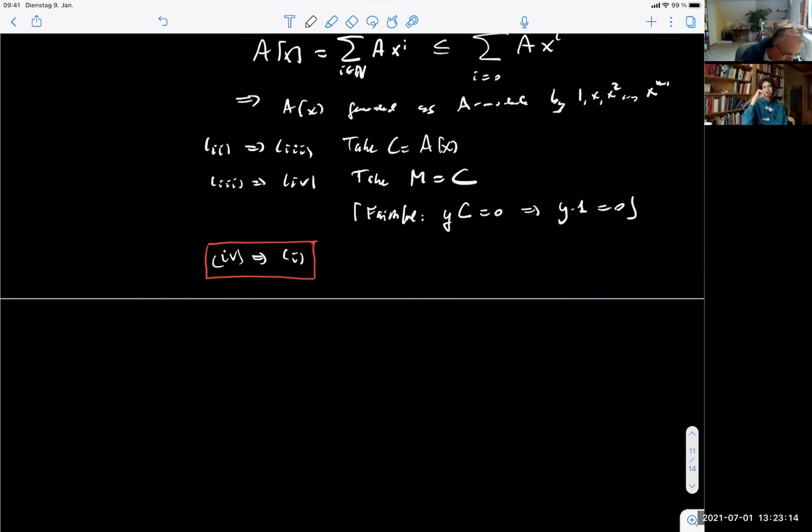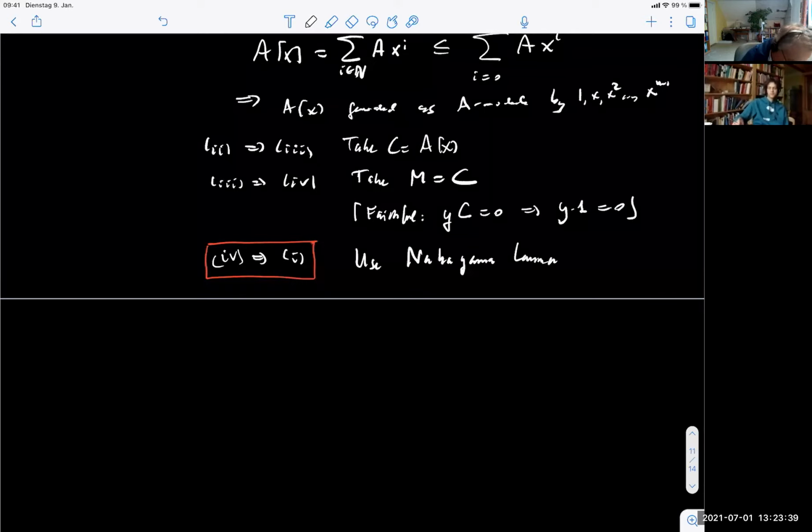Okay, so use Nakayama. The Nakayama lemma requires a module, a finitely generated module. We have the module, it's M, and we need a linear map.